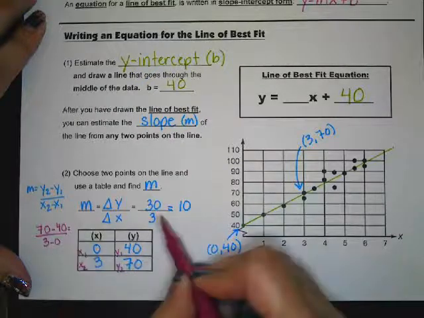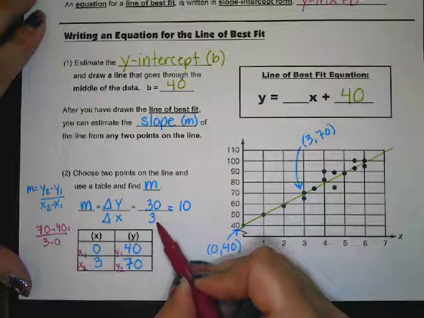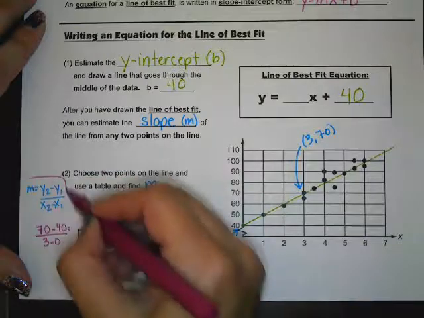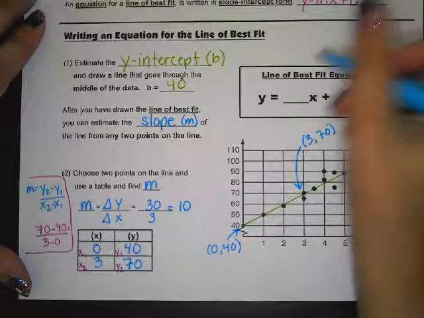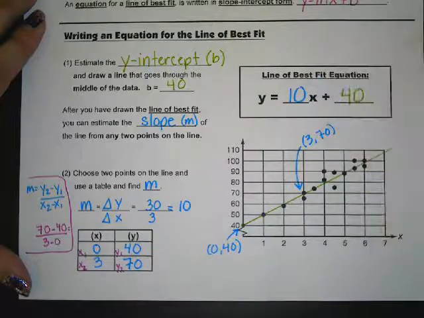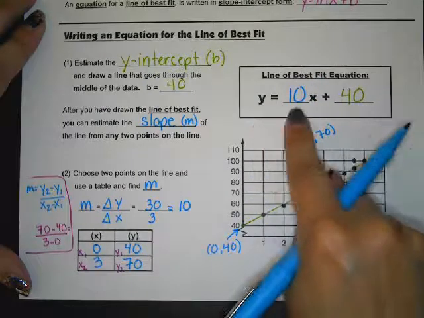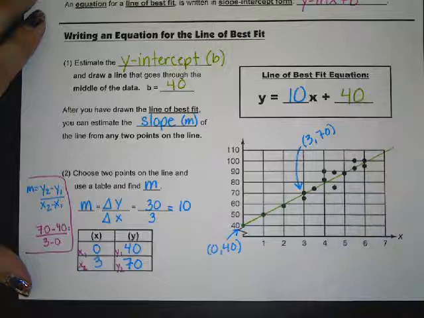And that'll still give me 30 over 3. Okay, so we're just using this slope formula that we did a couple weeks ago. All right, so now I know my slope. So that goes right here in my equation. So my equation is y equals 10x plus 40.